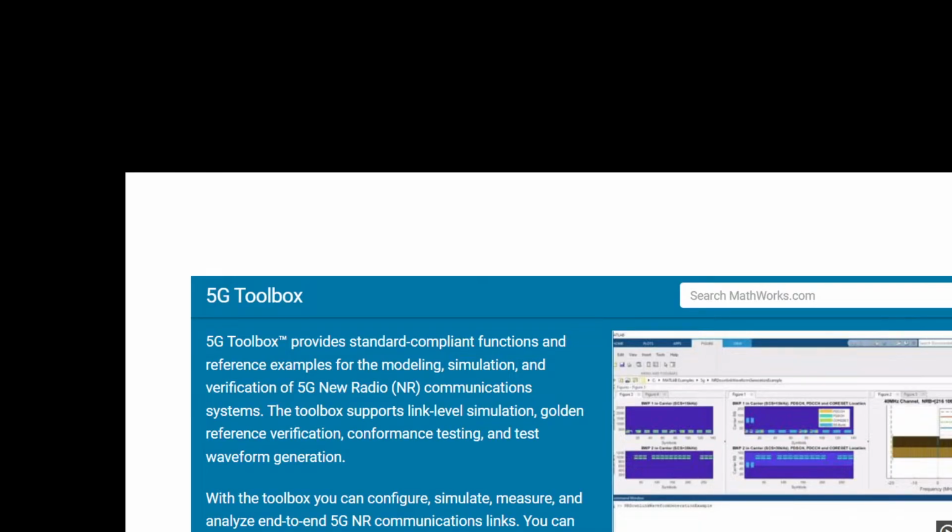Last year, Mandel demonstrated this and helped students construct some model exercises. But this year we changed this, because we changed to 5G.